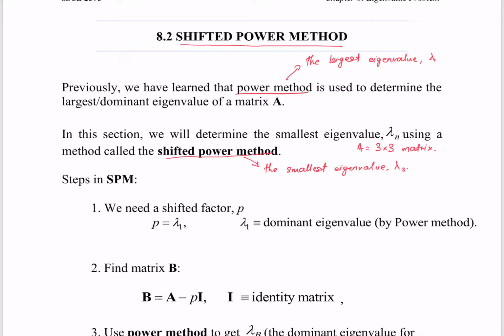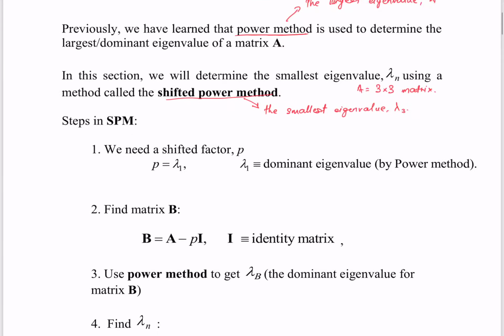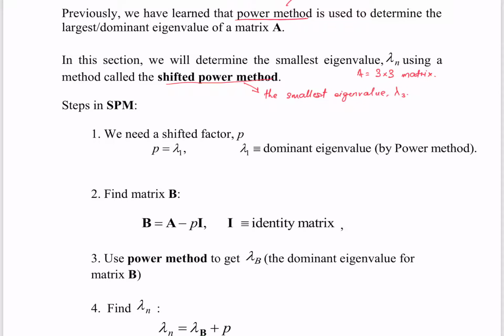Some of you may say either one, but we must know that the power method finds the largest eigenvalue, while the shifted power method finds the smallest eigenvalue. There are some steps in this shifted power method. First, we need a shifted factor, and this shifted factor is our dominant eigenvalue obtained by using the power method.